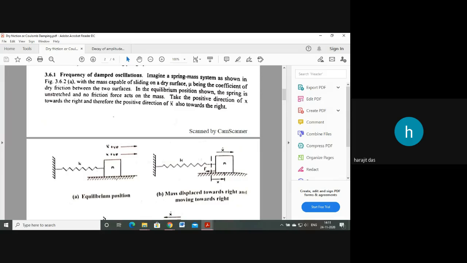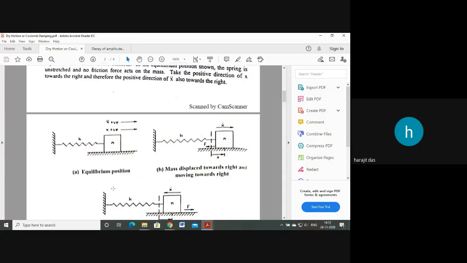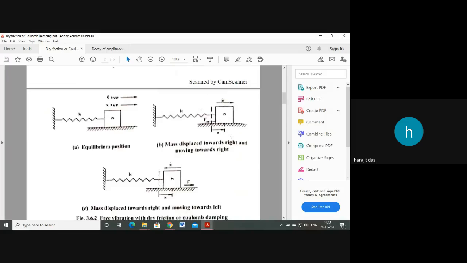Here all this is written, but I have elaborated. Now what I will do is displace the system, this mass, to the right hand side, because initially we need to give some initial velocity or initial displacement, isn't it? So what will happen? The mass is displaced towards right. This dotted line is the equilibrium line.